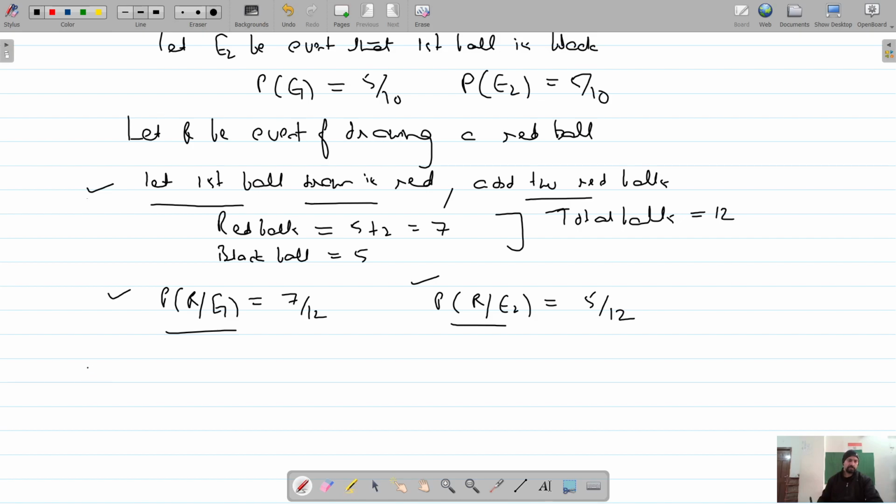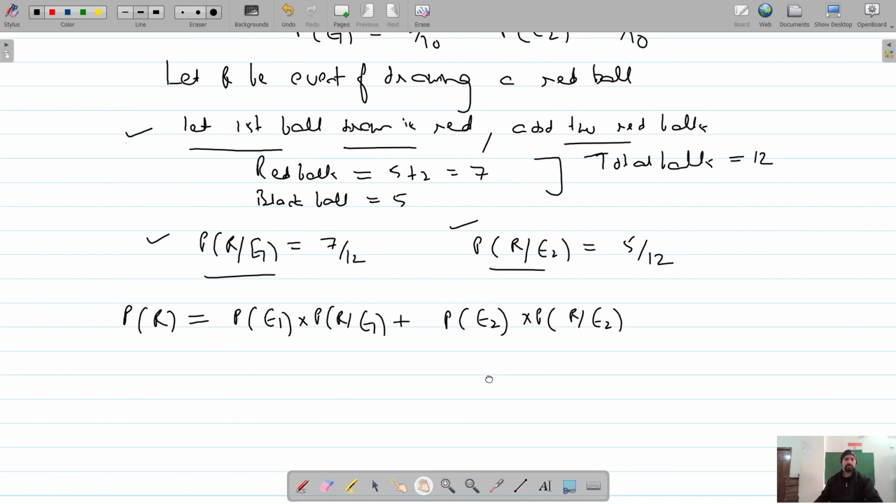So these are the probabilities of getting the red ball in both the cases, but we have to find the combined probability of the red ball. That would be probability of the first ball being red into probability of getting the red ball when the first event has occurred, plus probability of getting the black ball into probability of getting the red ball when a black ball is drawn.